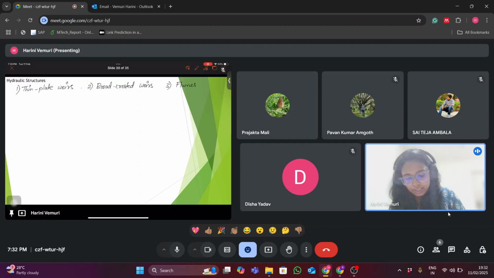Okay. So in case of thin plate weirs, based on the shape of the notch, we have different types of weirs. First one is rectangular thin plate, or sharp crested weir.